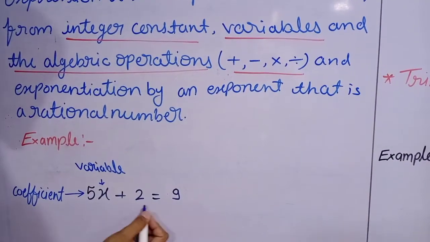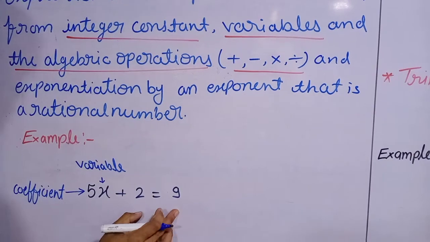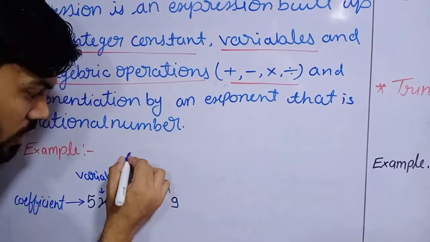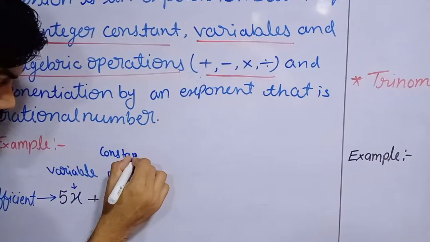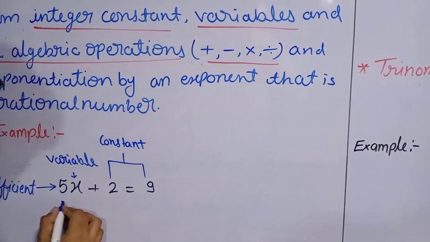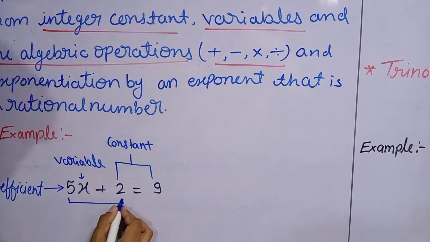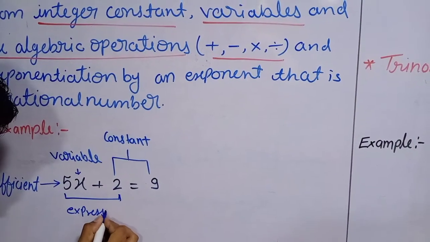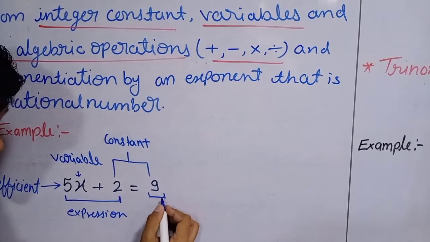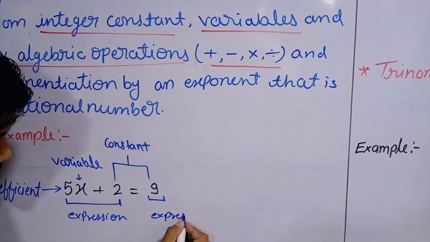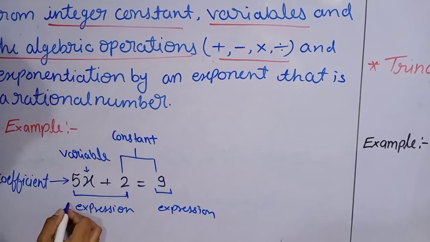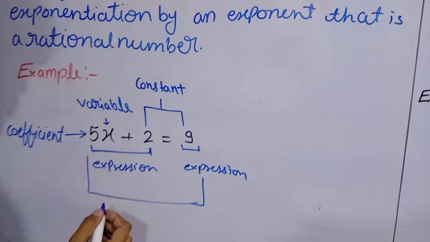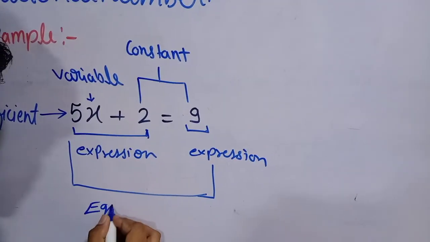And the numbers we have without the variable, that is a constant. And this 5x plus 2 is called an expression, and this 9 is also called an expression, and all together 5x plus 2 is equal to 9 is called an equation.